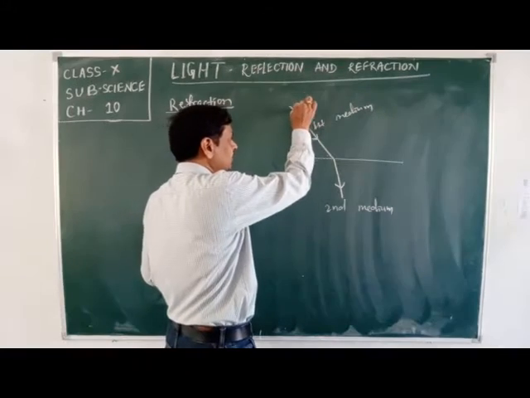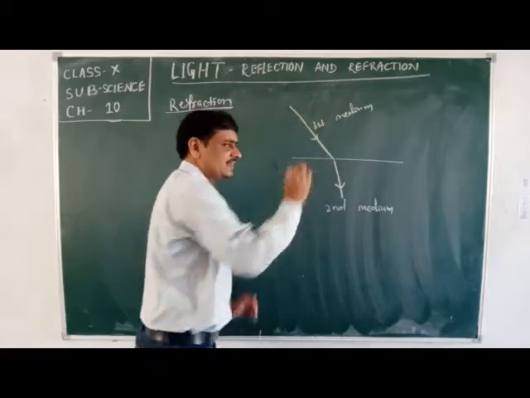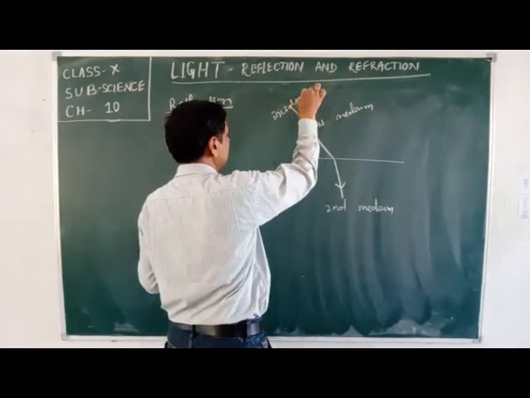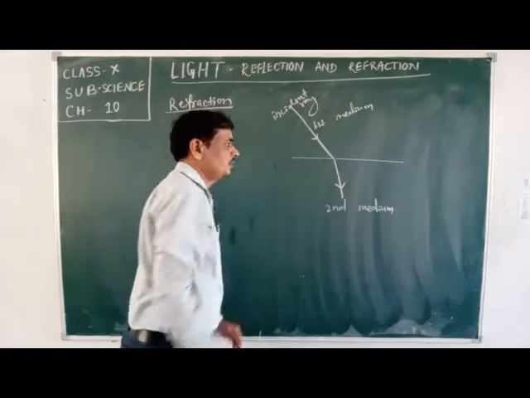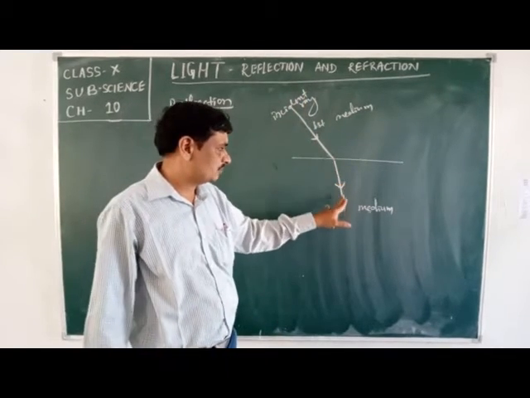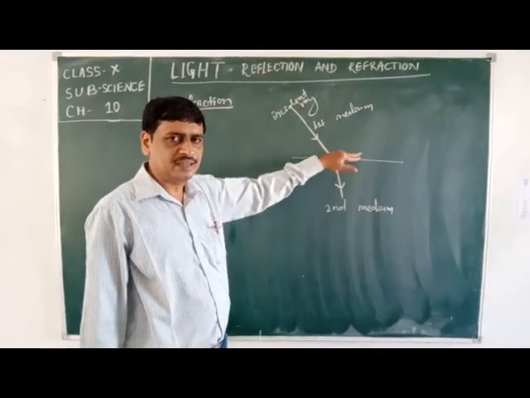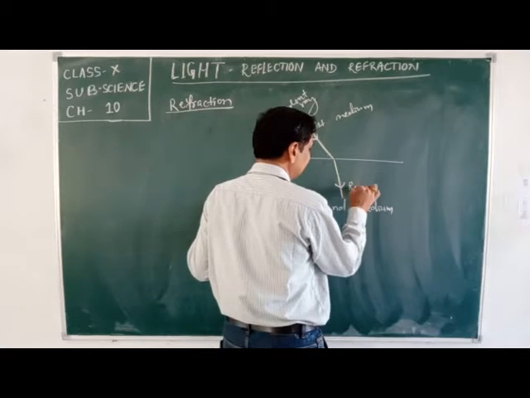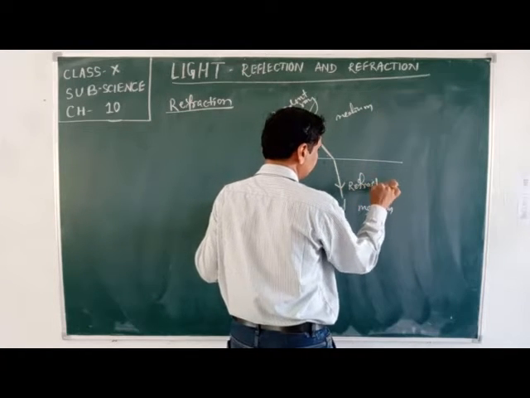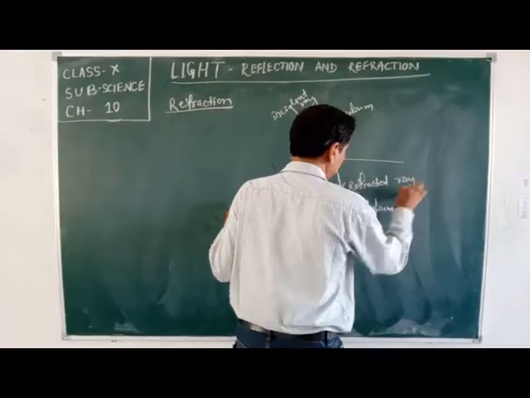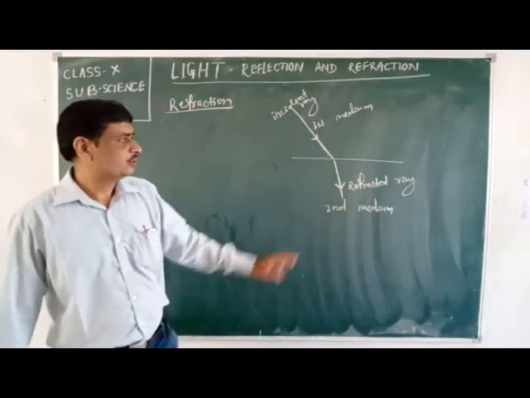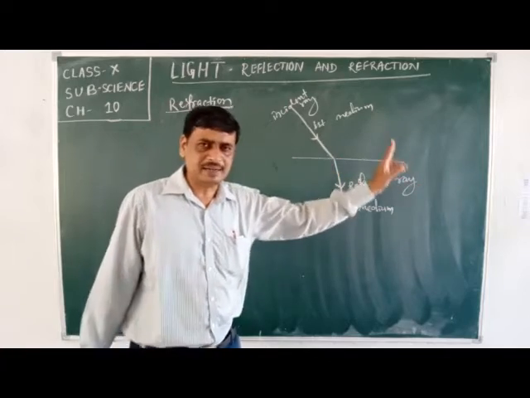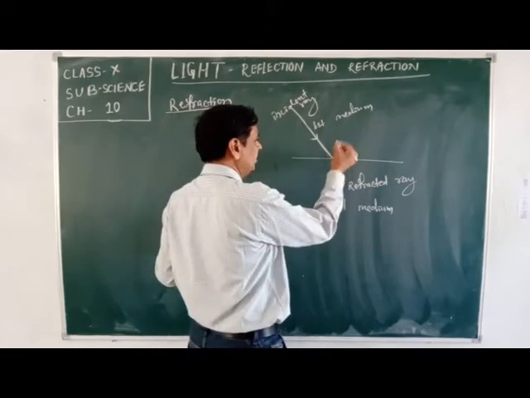Here, the ray which is coming in the first medium is called the incident ray. The ray of light which comes after passing the line of separation between the media is called the refracted ray. And the point where it falls on the line of separation is called the point of incidence.